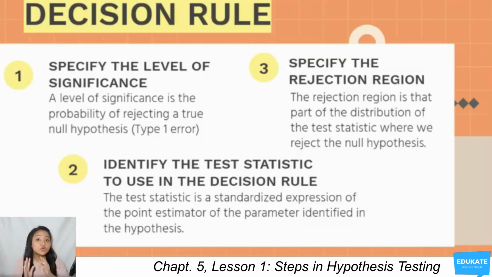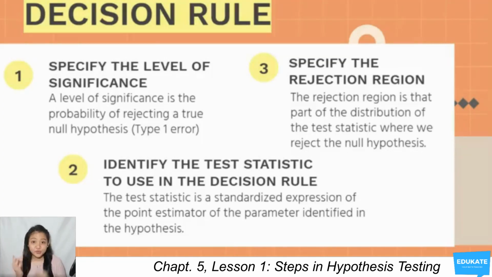You can also compute for this level of significance. Next step is to identify the test statistic to use in the decision rule. The test statistic is a standardized expression of the point estimator of the parameter identified in the hypothesis. Kung z-test ba, kung t-test ba, kung chi-square ba, ANOVA ba, Cronbach alpha, etc.